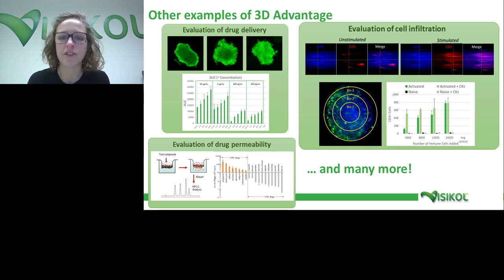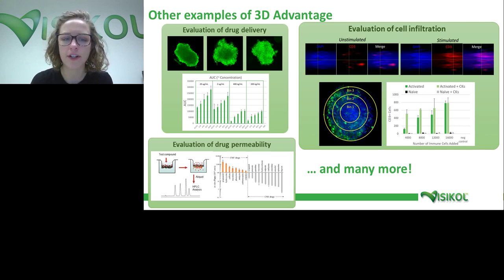Again, if you just have cells on a 2D monolayer, you can't really look at what they're infiltrating. Some of these studies can be conducted using excised tissues, it just becomes a lot more low throughput. So having this ability to recapitulate that state, whether it's a disease state or the treatment state, using a 3D cell culture model is a really powerful tool.